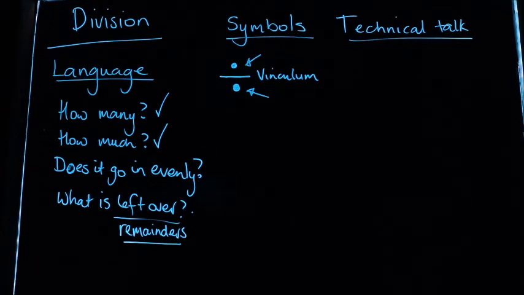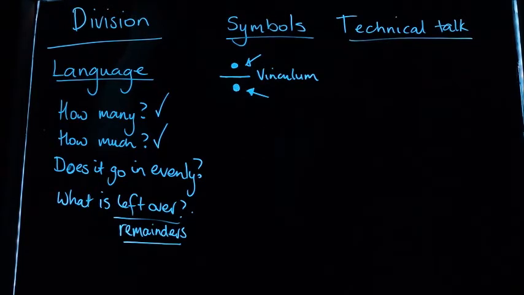What does it actually mean? So I want to make a few links for you here. So we've got the division sign, and this dot up here is some number, and the one below is another number.